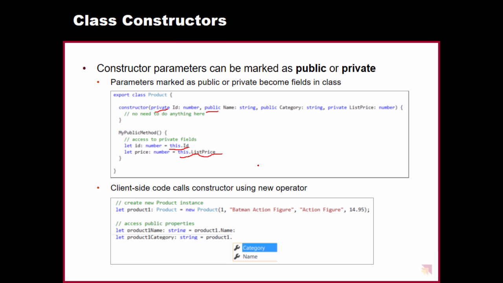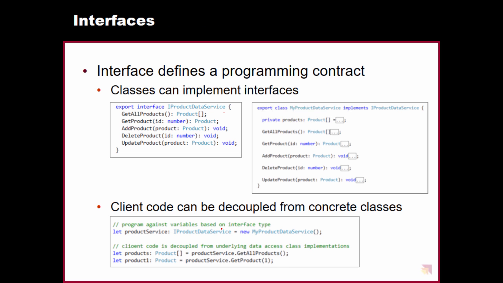It's a discipline they've built into the language, so you can't just refer to id, you always have to refer to this.id to get at a field. Well, finally, let's look at the two things that we've marked as public. We've marked name as public and category as public, and when we write client-side code against that class, those are automatically available.